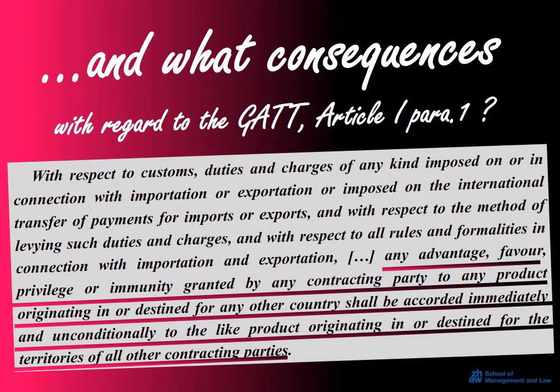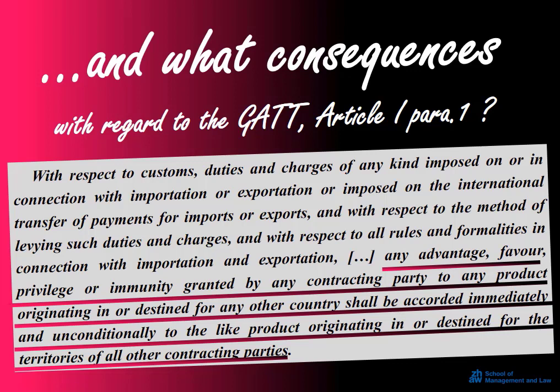But state A being a WTO member state, this leads to the question of whether there are any consequences with regard to the GATT Article 1, Paragraph 1. What do you think? Are there any obligations for State A based on that article, especially the second part? What do you think?